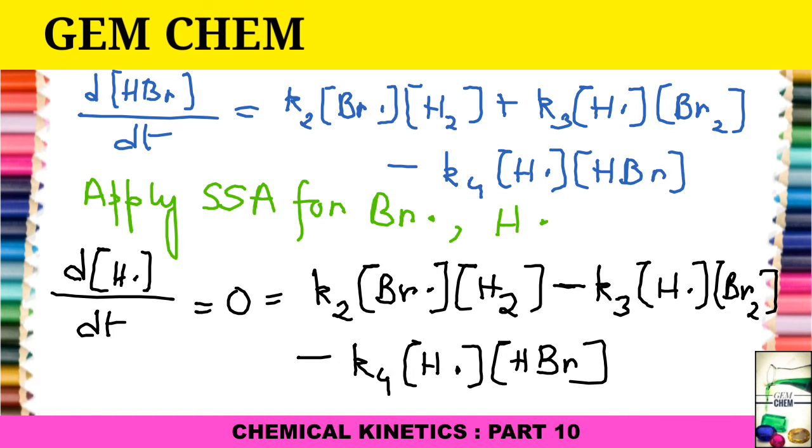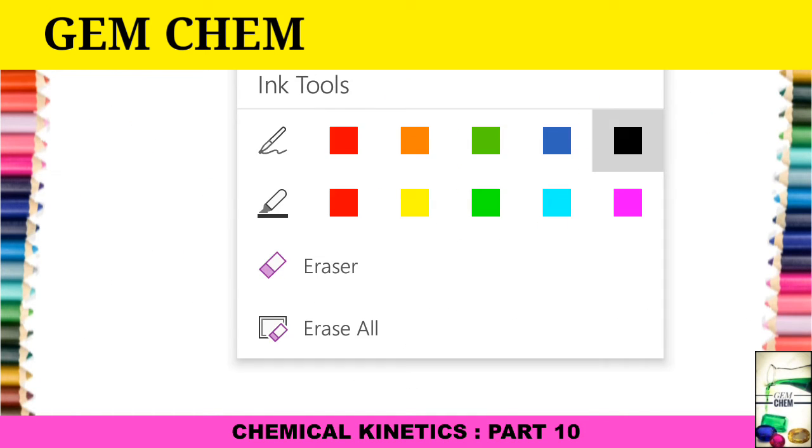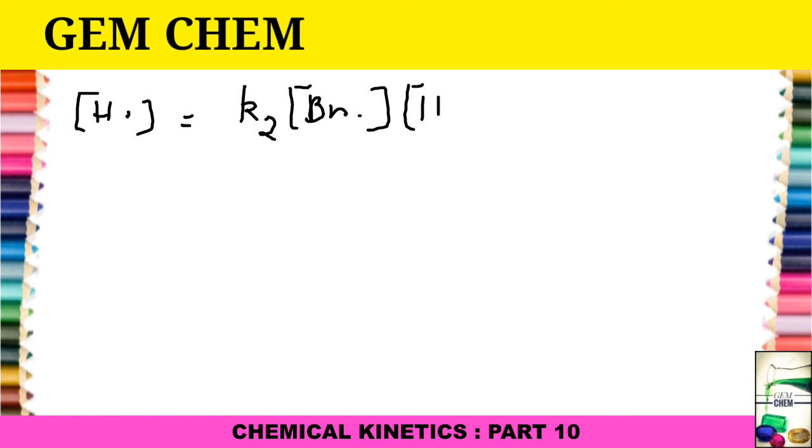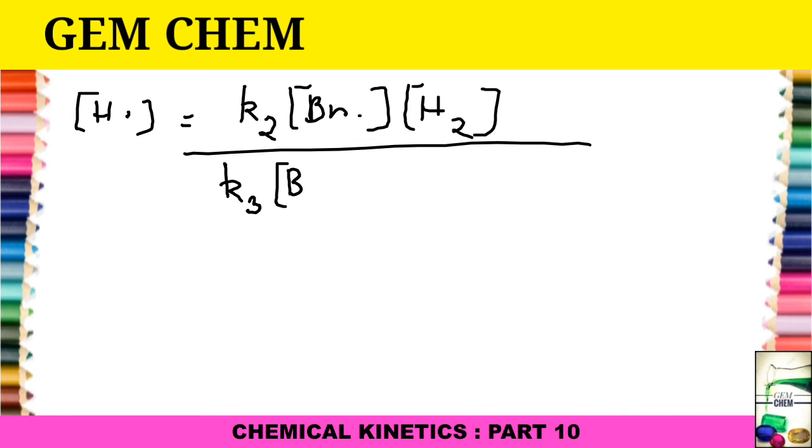From here we can find the value of the H dot concentration. So the H dot concentration comes to be K2 Br dot H2 divided by K3 Br2 concentration plus K4 HBr concentration, right?